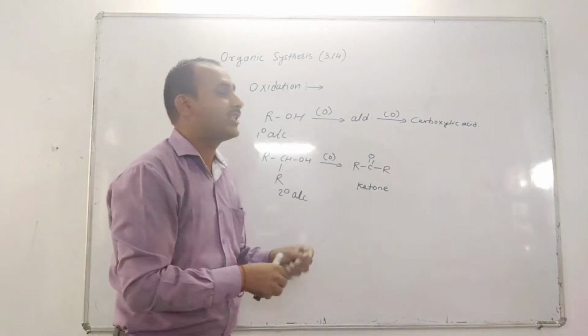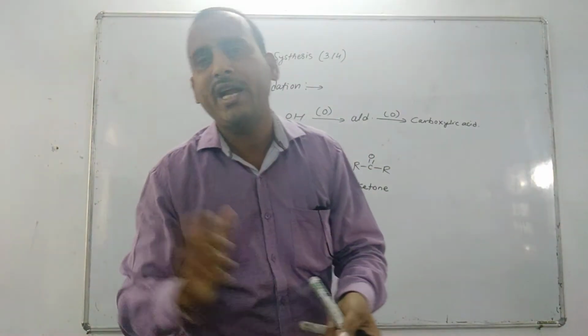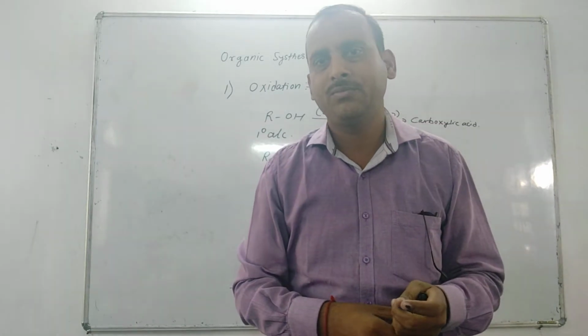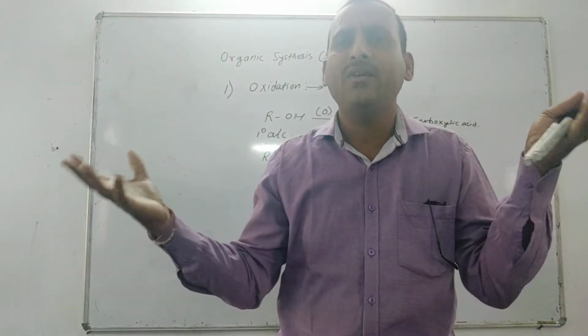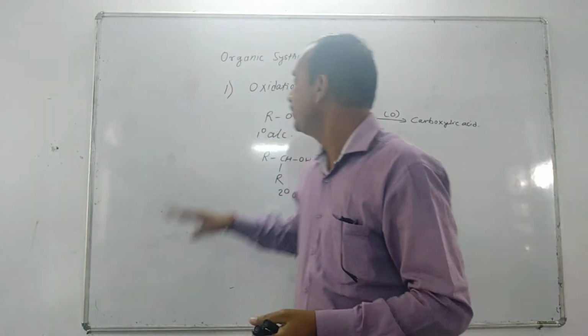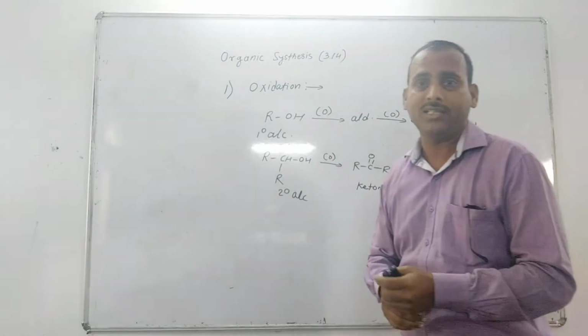Which reagent is added for this oxidation? The reagents added for this oxidation are called oxidizing agents. There are different types of oxidizing agents which oxidize primary alcohol to aldehyde, or aldehyde further to carboxylic acid.